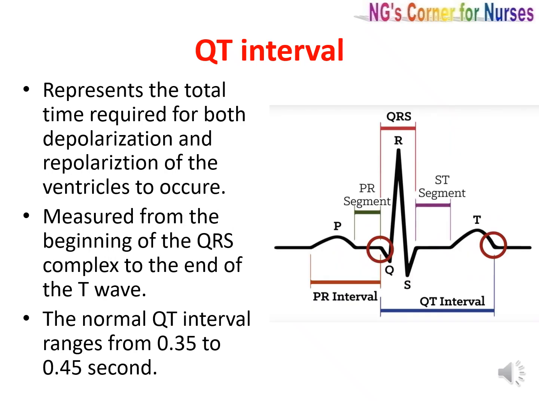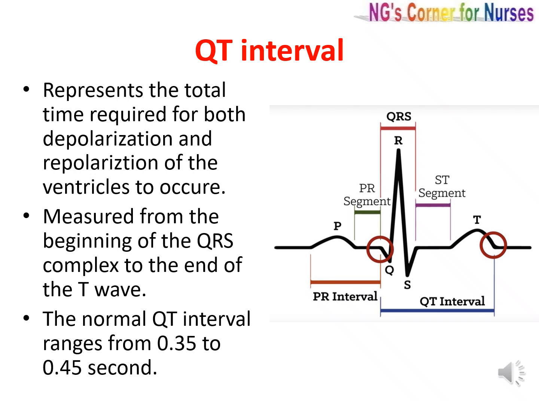QT interval represents the total time required for both depolarization and repolarization of the ventricles to occur. It is measured from the beginning of the QRS complex to the end of the T wave. The normal QT interval ranges from 0.35 to 0.45 seconds.